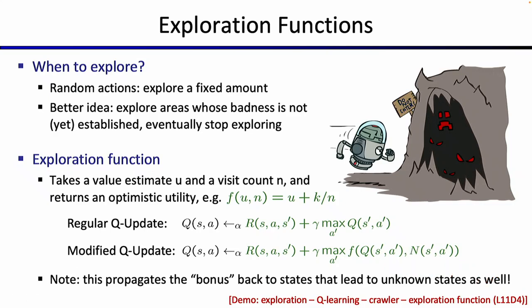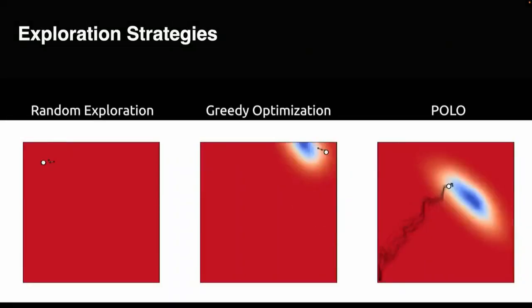So if there is a state that we've reached once, where we've said, oh, we haven't seen this before, it got a bonus, and it will propagate this bonus back so that even if we're far away from the state, we're more pulled towards it. So that basically pulls us towards attractive states. I'll do a little example of it, actually, in a different slide.